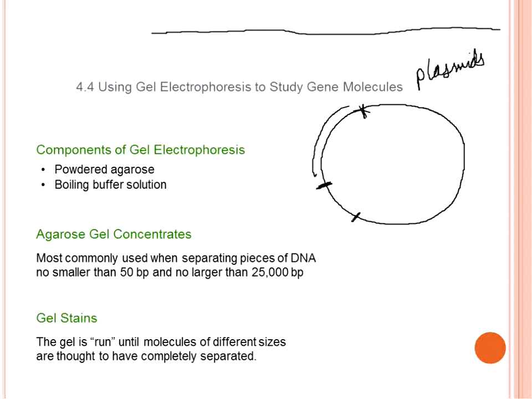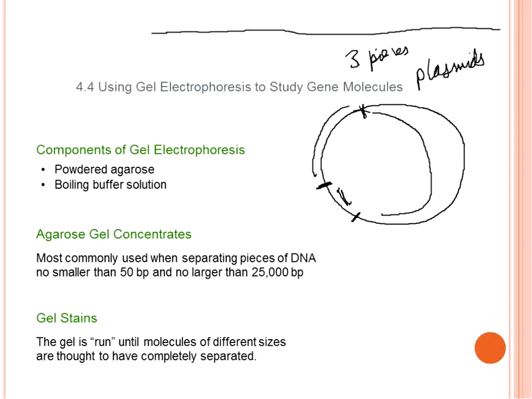There's going to be one piece right here, another piece over here, and the third piece right here. So you expect to see 3 pieces, 3 fragments. To make sure that your restriction enzyme is actually working the way you expect it to, you can analyze the fragments by running them on a gel.